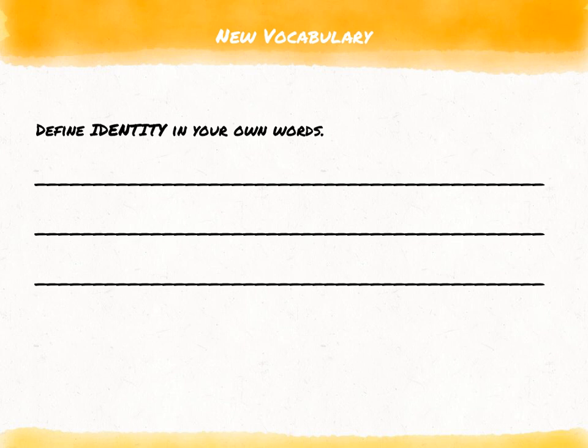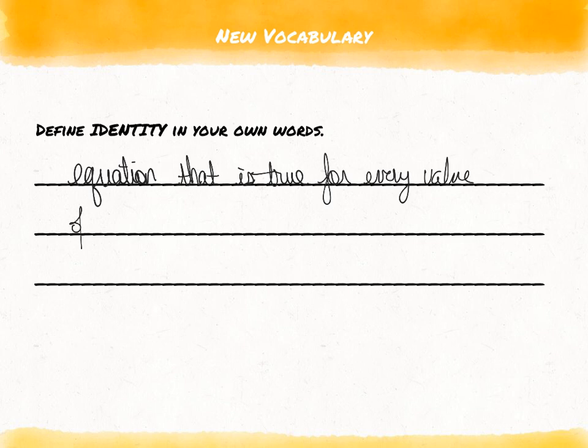Now I'd like you to look in your textbook and define identity in your own words. An identity is an equation that is true for every value of the variable.